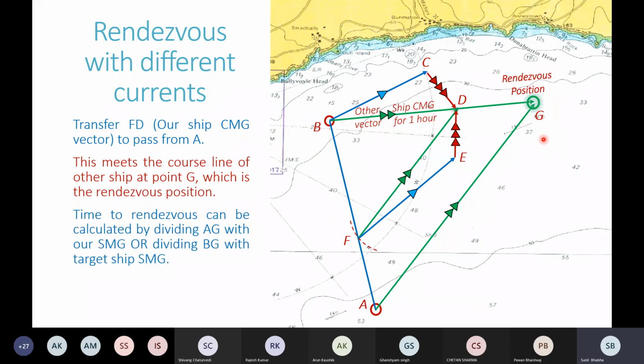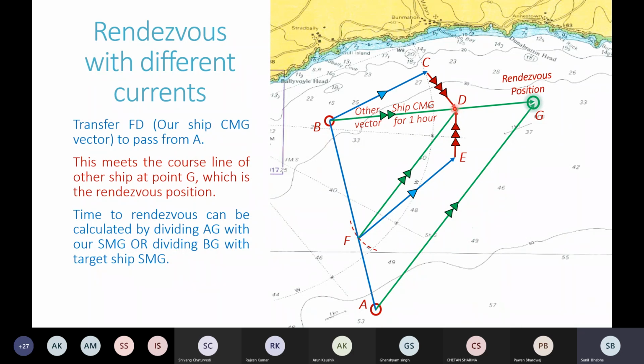Now to find out the time to rendezvous, we can calculate it by measuring this distance Alpha Golf. We measure this distance from the chart, Alpha Golf, and we divide this distance by our speed made good. Our speed made good is available from this FD vector. You see, we made this vector triangle for 1 hour.